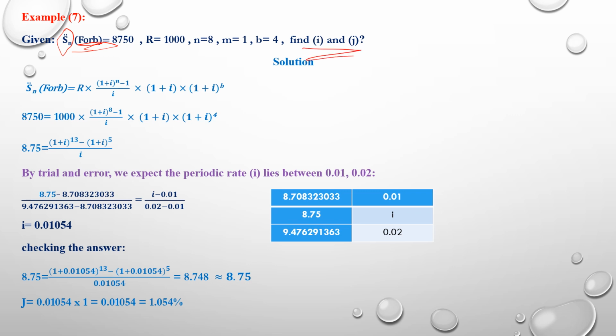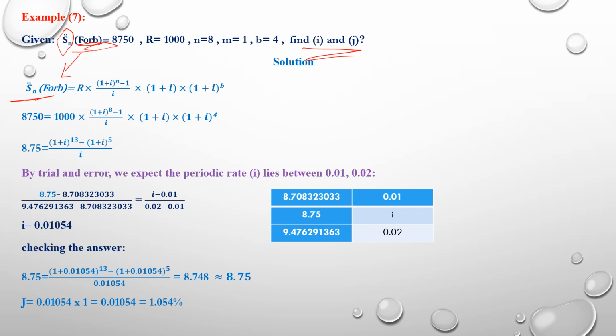So let's start with I first, and then we will find J. By using the formula of the future value of a forborne annuity due, S_n forborne equals R times ((1 plus I) power n minus 1) over I times (1 plus I) times (1 plus I) power b.